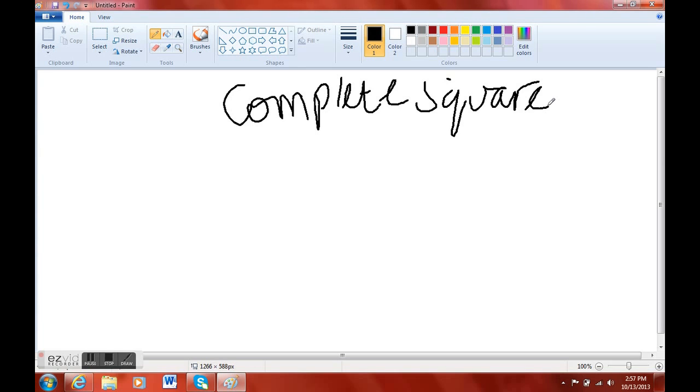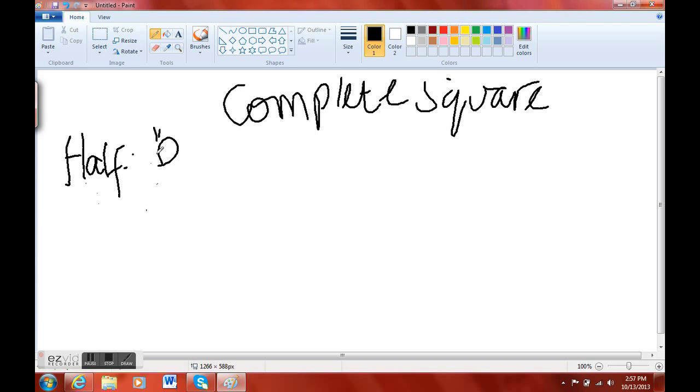Anyway, so the process of completing the square. There are 4 steps. You have b, so it's gonna be b divided by 2.